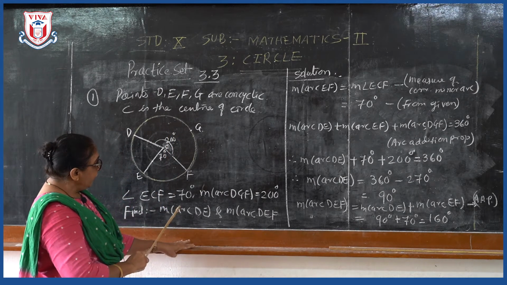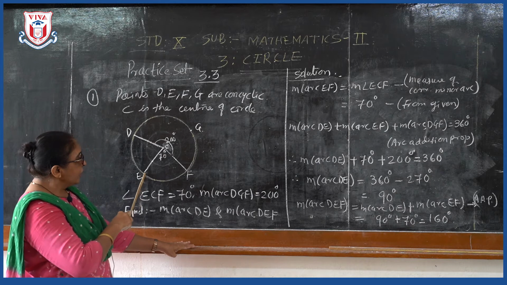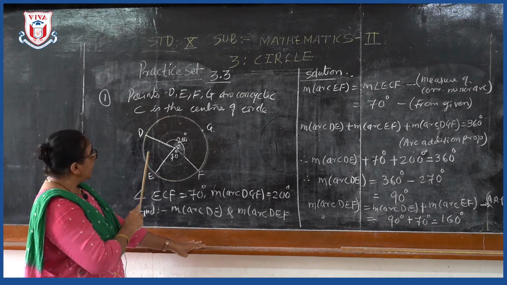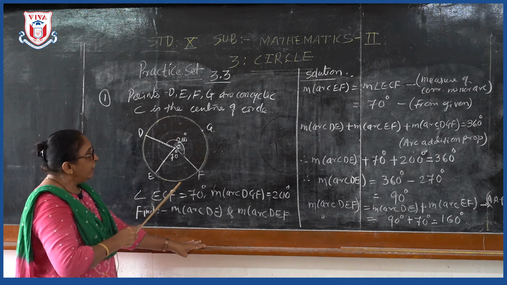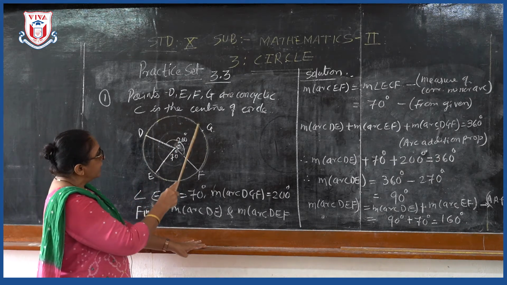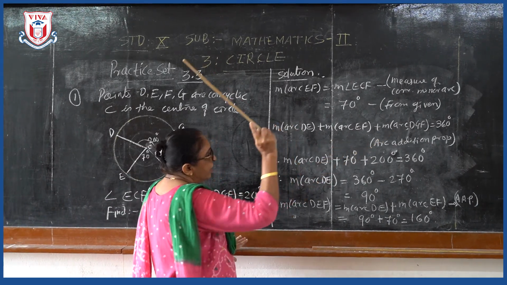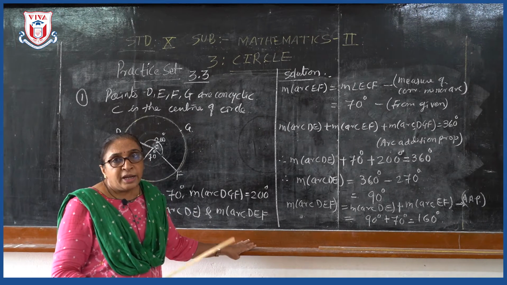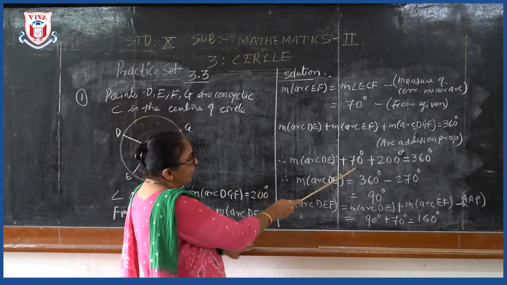Next, we have to find arc DE. So how to find it? Now, if you see, the full circle is divided into 3 parts: arc DE, arc EF and arc DGF. So the sum of all these 3 arcs is 360 degrees, by the arc addition property. Now substitute the values.